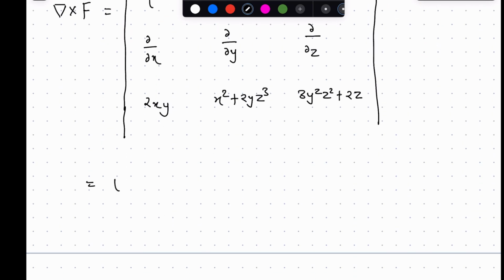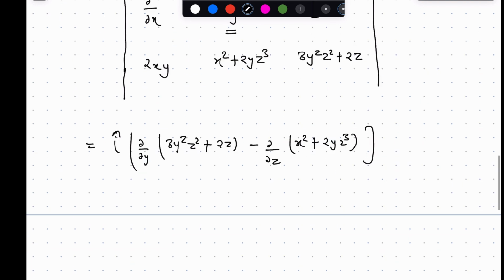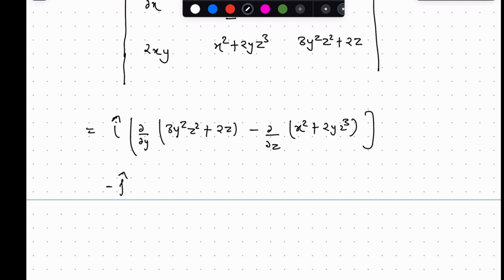So we'll have i cap, and in the i cap we'll calculate ∂/∂y of 3y square z square. See, this is the method of opening this matrix and writing down the determinant of it. You will learn this in mathematics. Do not worry about how I am able to write this down; it is quite a simple thing you must have done in vectors as well. If you have not done that, you can just learn it here, and then again in mathematics you will get it.